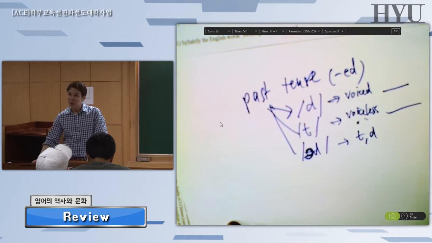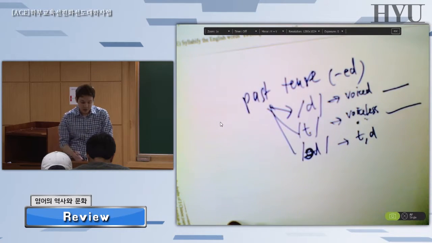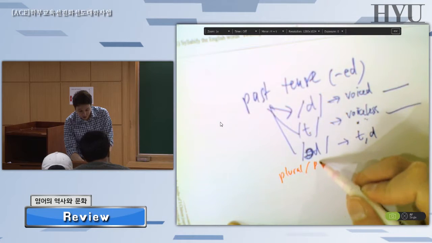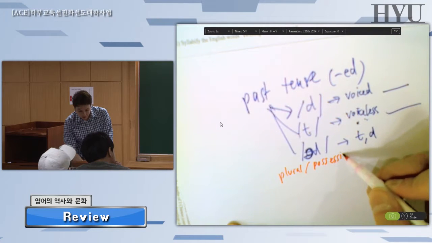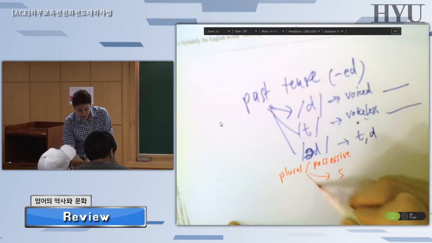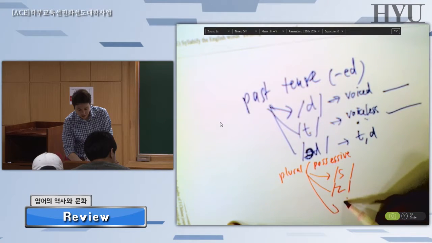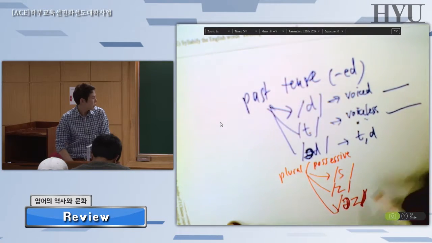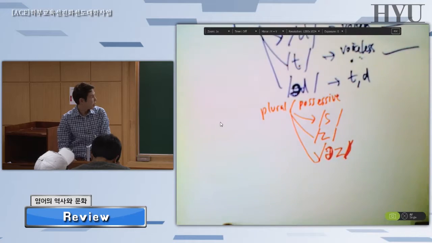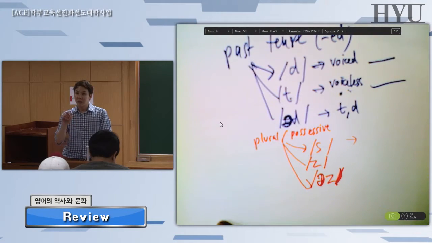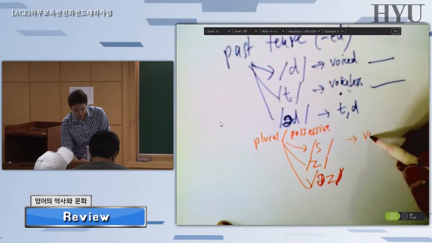For plural or possessive, we have the same thing. Plural or possessive allomorphs. We have s, z, and is or schwa-z. Okay. If the preceding sound is voiceless, then you have an s.